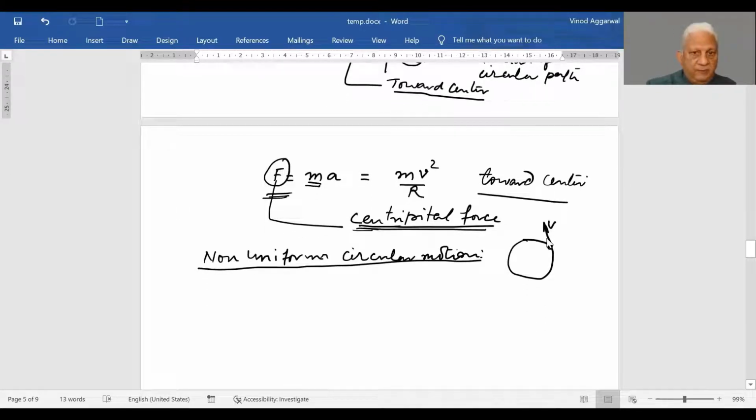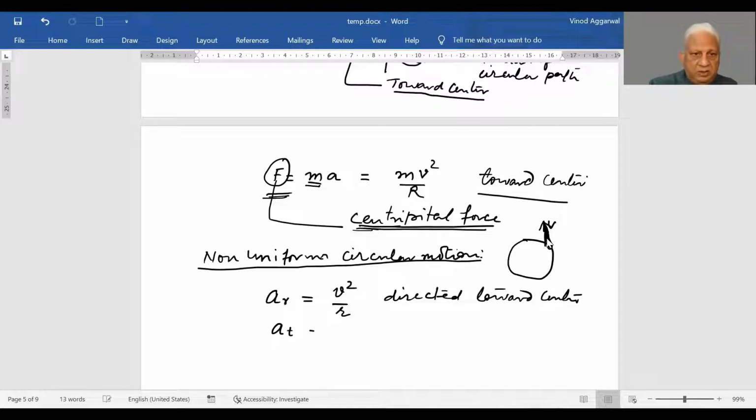In such a case, there are two accelerations. One is radial, which is equal to v square by r. Again, this is directed towards the center. And since this velocity v is not uniform, it can have an acceleration. Since the velocity is in tangential direction, acceleration will also be in tangential direction.